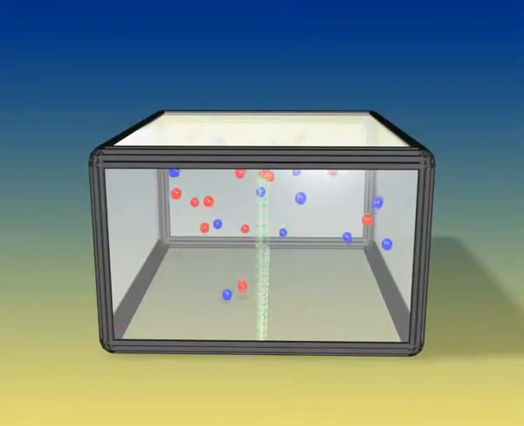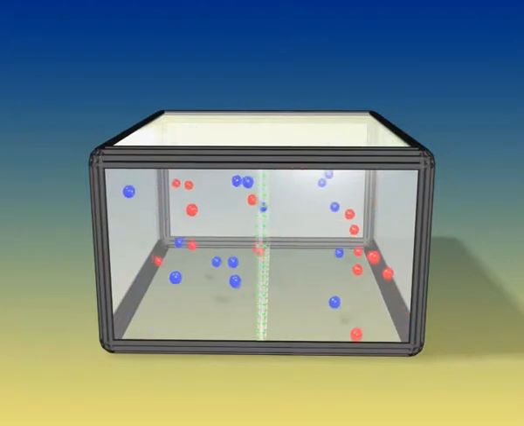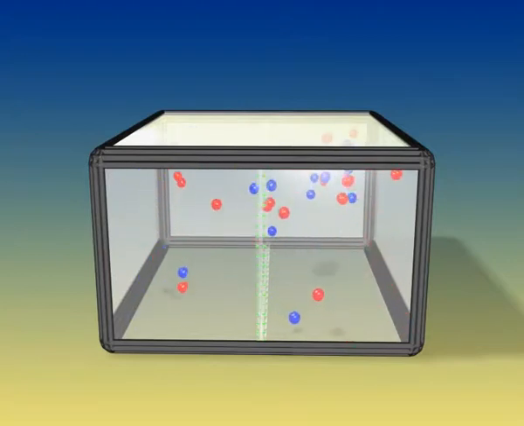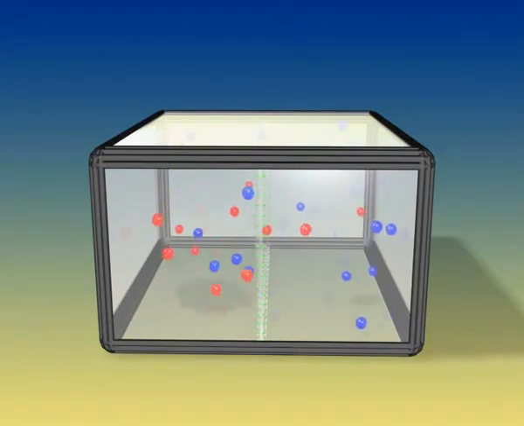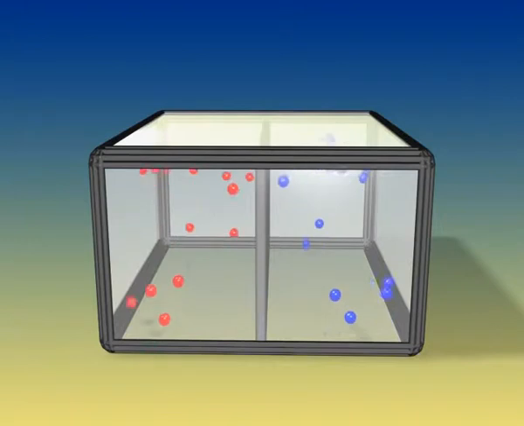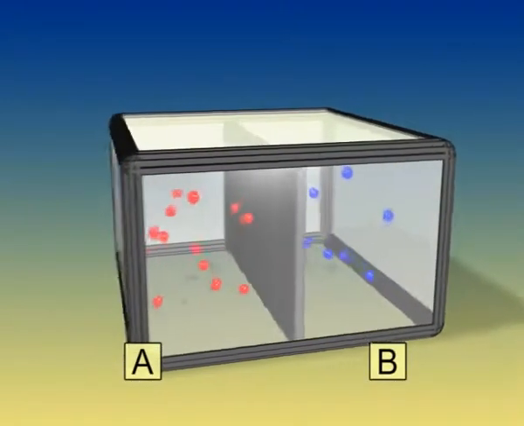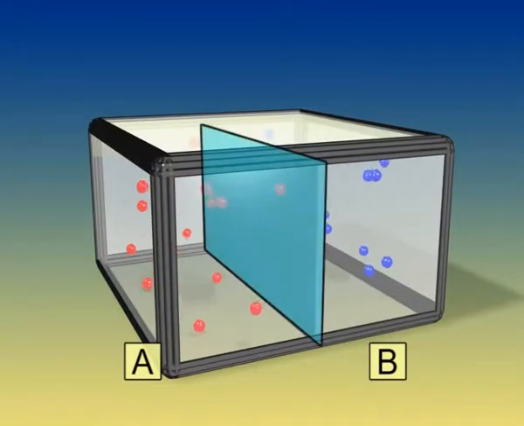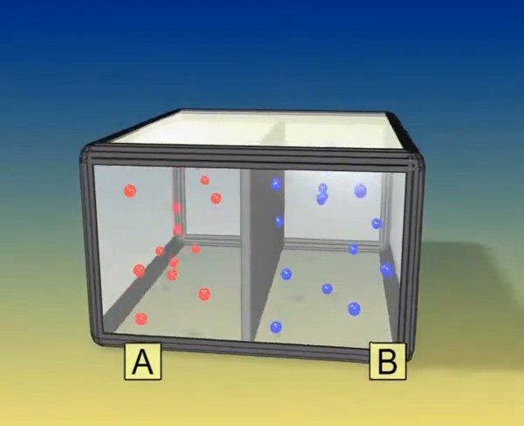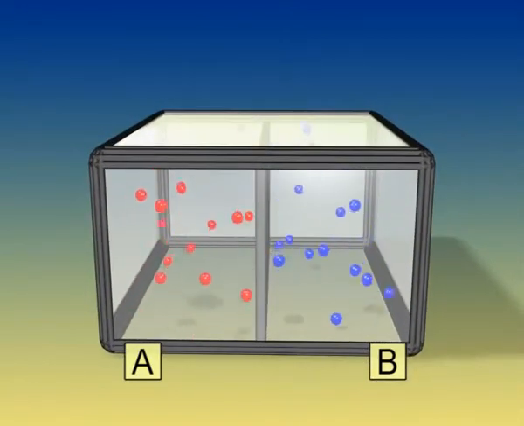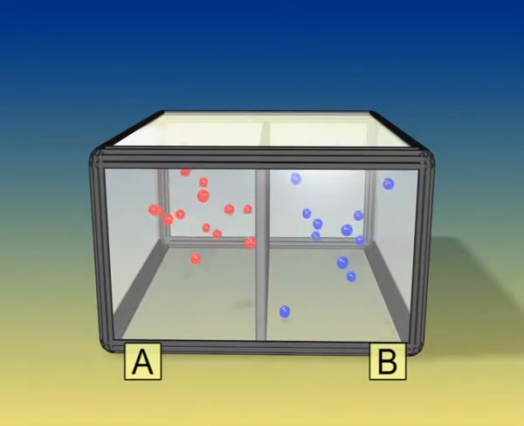In diffusion, the molecules basically intermingle as they move randomly because of their kinetic energy. Consider two containers of gas, A and B, separated by a partition. The molecules of both the gases are in constant motion and make numerous collisions with the partition.